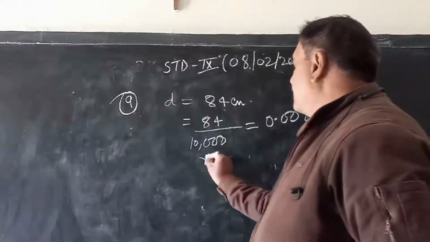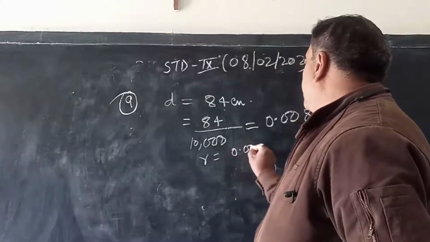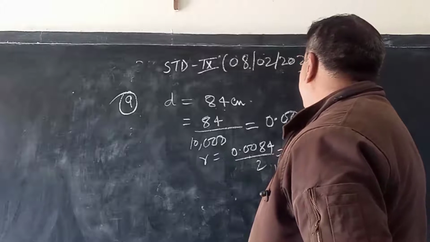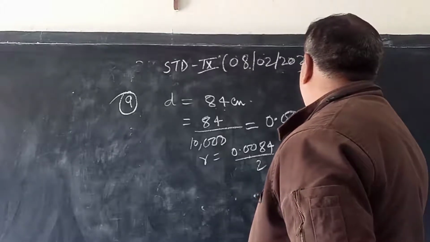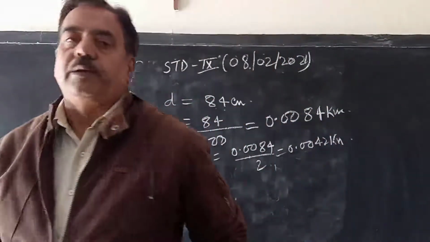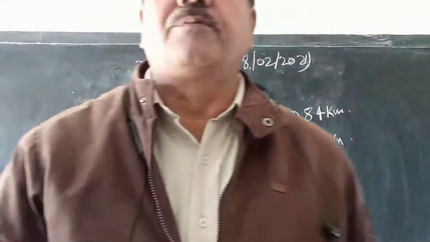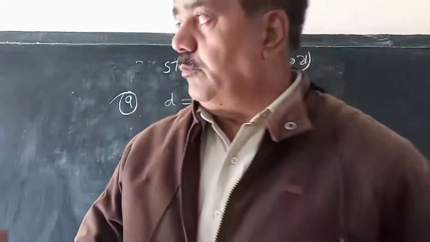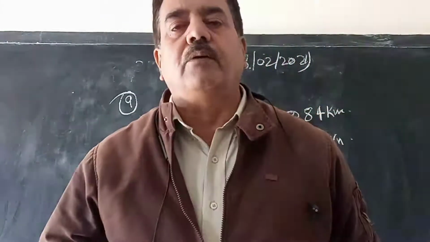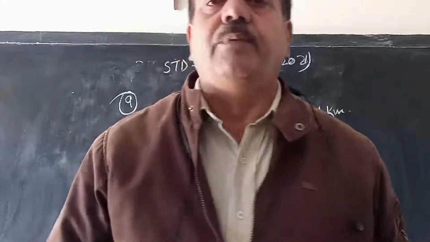For the radius, 0.0084 by 2, that is 0.0042 kilometer. Right? So now we have the radius, we have to find the circumference, because the distance covered in one complete rotation depends upon the circumference of the wheel.